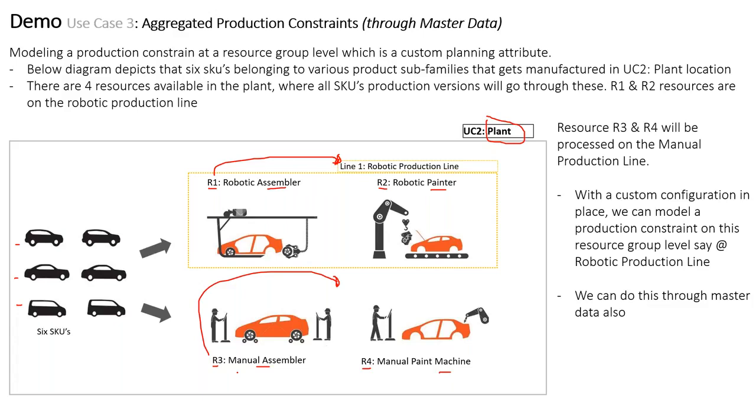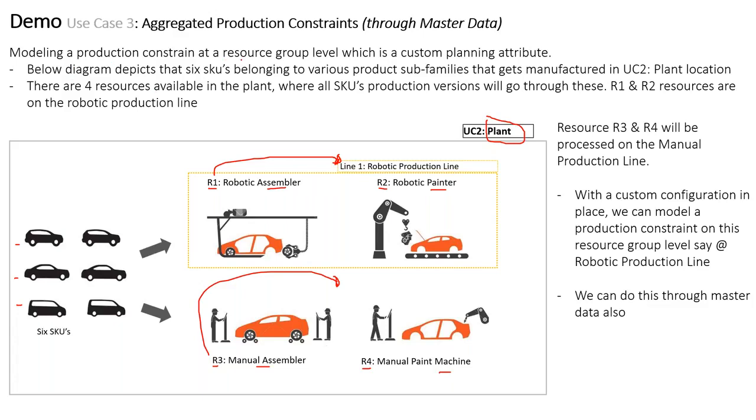Can I do the same for the standard minimum production receipts? No, the system would fail, because you cannot constrain on a custom attribute in the standard supply planning key figures. But with aggregated ones, you can maintain them.